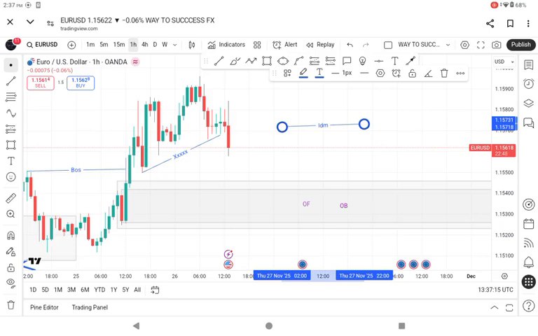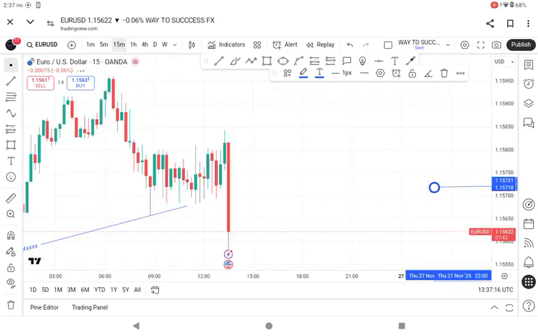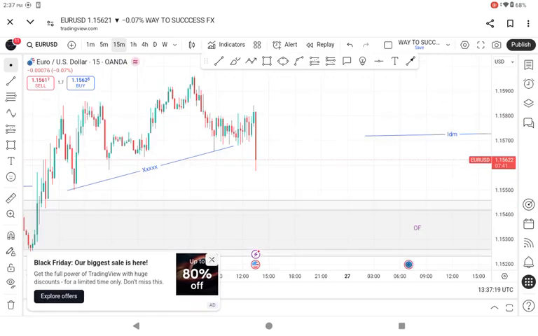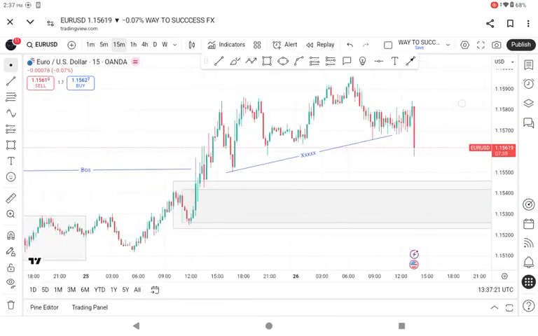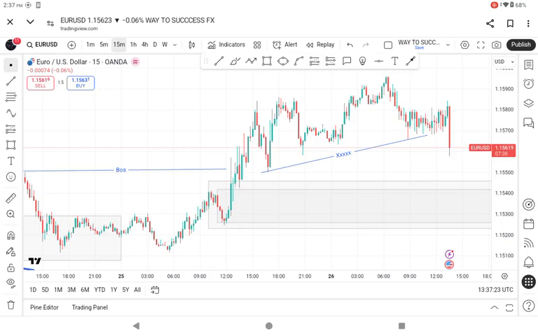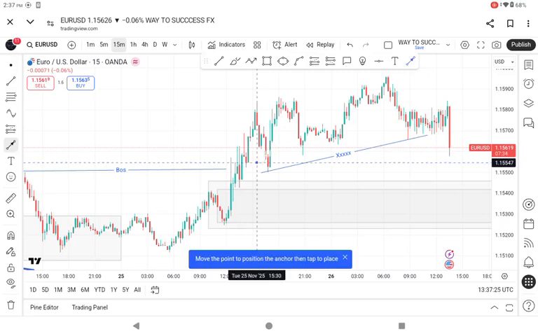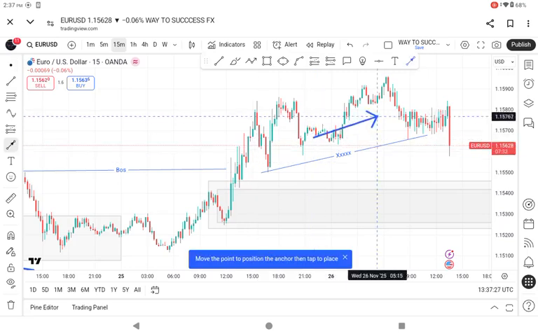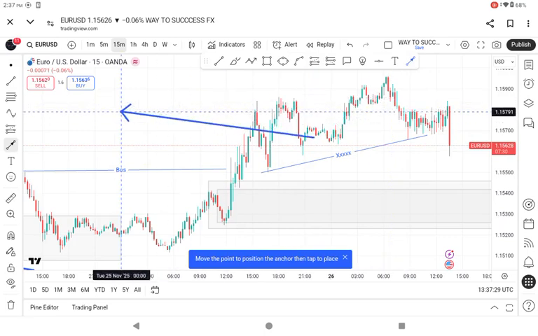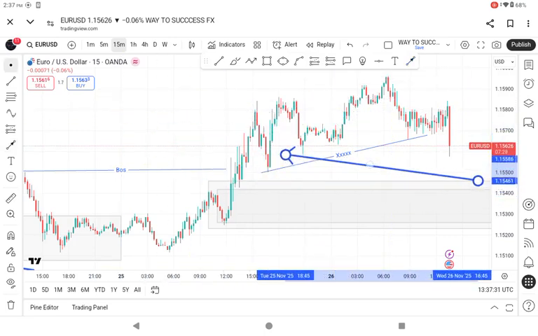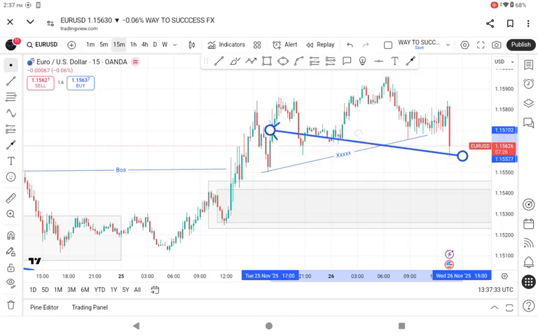So that is it for the H1. So in 15 minutes, for the day traders, there are some opportunities here this morning, but I didn't want to take these opportunities because I'm not a day trader.